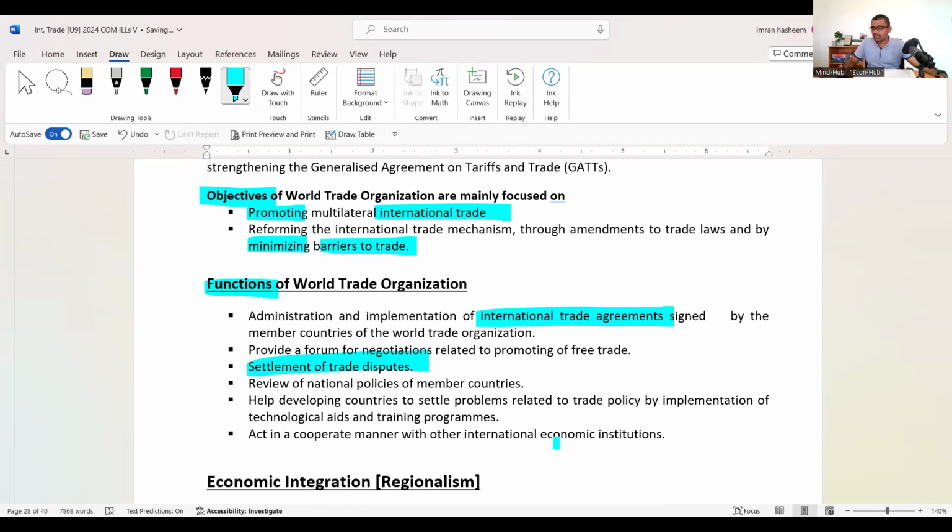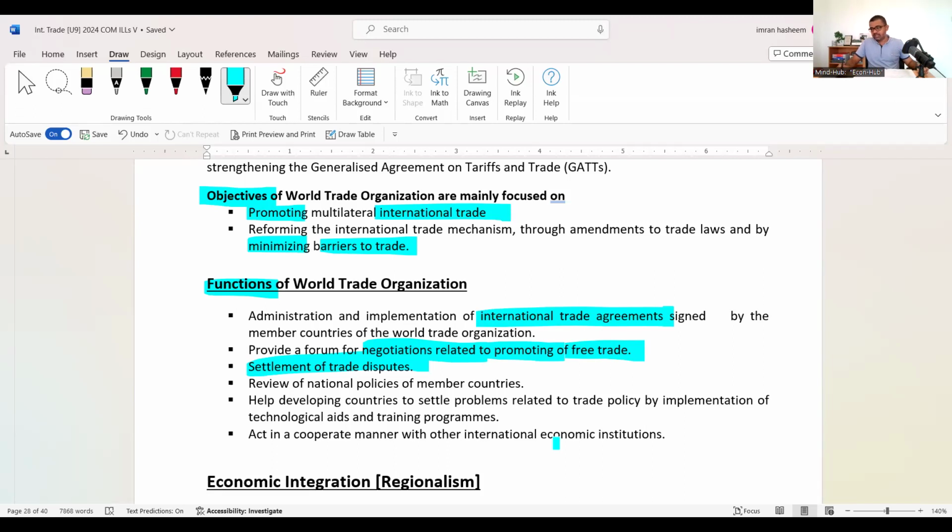I missed the point: provide the forum for negotiations related to promoting free trade. They negotiate with countries, and sometimes with organizations like the European Union, and they try to always promote free trade. Settlement of trade disputes between countries, arbitration they do sometimes.